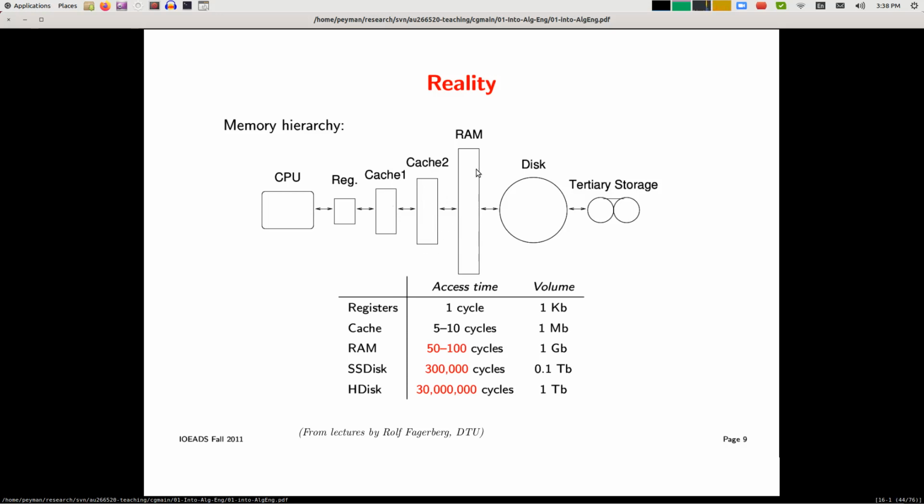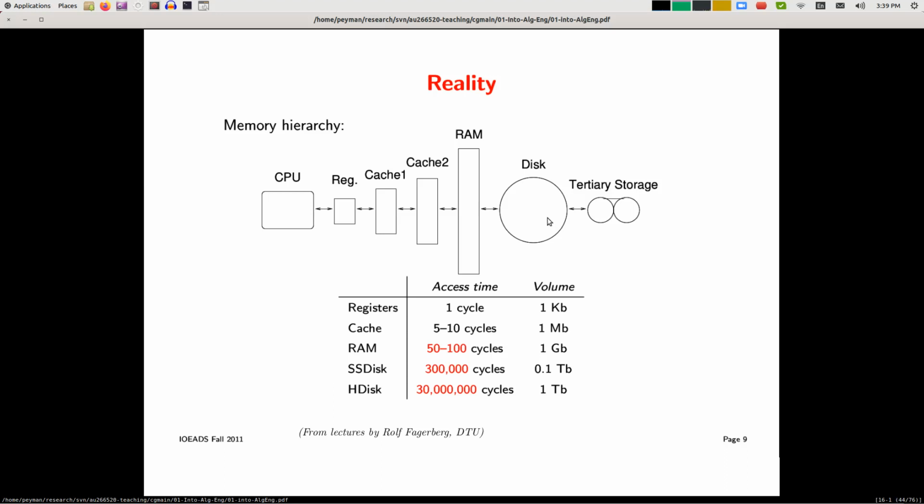Accessing RAM could take up to 100 cycles, so it could be 100 times slower than accessing a register. Accessing a hard disk is much slower. So if you want to access an element in the memory, it depends where the element is. Is it in the RAM, cache 2, cache 1, or register? Or maybe it's even on the disk.